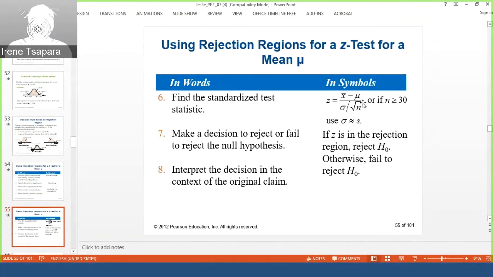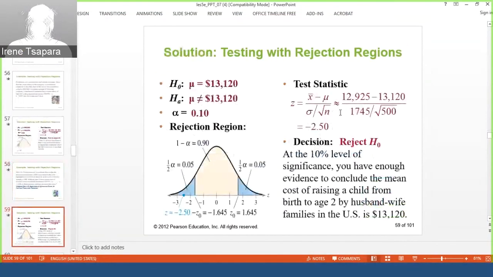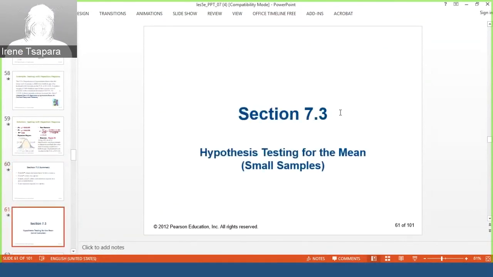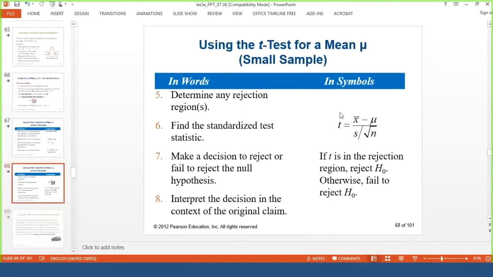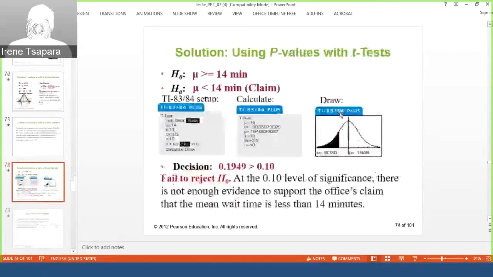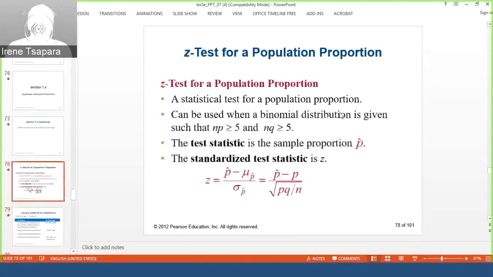So in order to calculate the test statistic for mean, you get this formula. The way to get the test statistic for the proportion, do I have the proportions here?